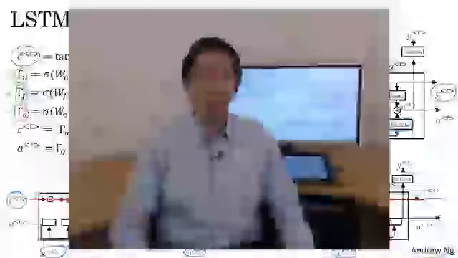So if you had to pick one, I think most people today would still use the LSTM as the default first thing to try, although I think in the last few years, GRUs have been gaining a lot of momentum, and I feel like more and more teams are also using GRUs because they're a bit simpler, but often work just as well, and it might be easier to scale them to even bigger problems. So that's it for LSTMs. With either GRUs or LSTMs, you'll be able to build neural networks that can capture much longer range dependencies.